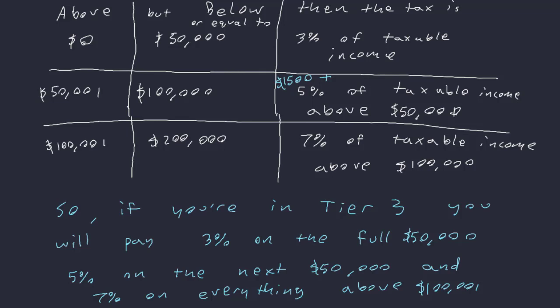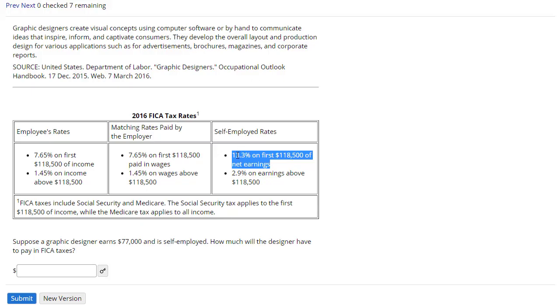So if we jump back here, I'm going to take the amount of income, $77,000, and then just multiply by the percentage, which was 13.3%.